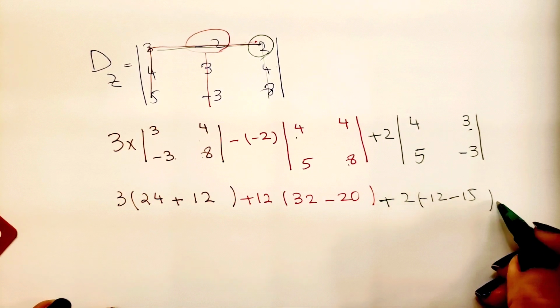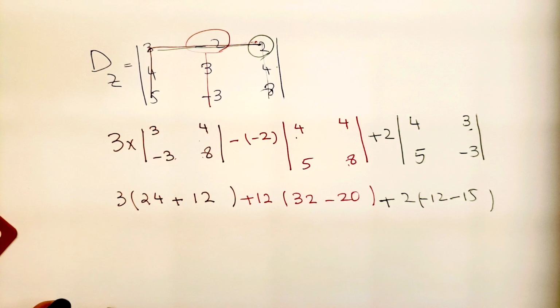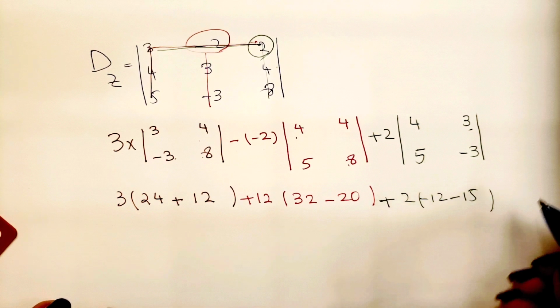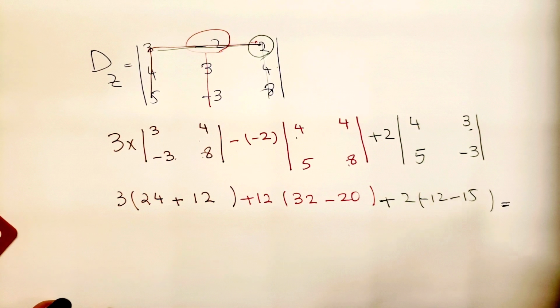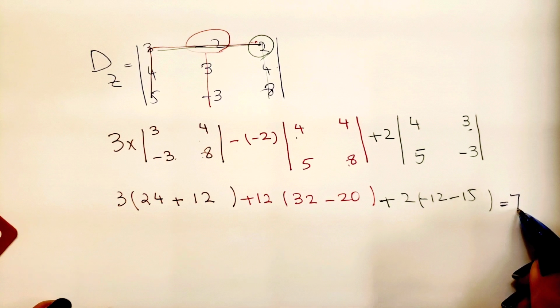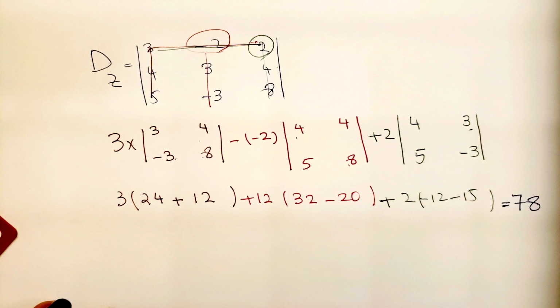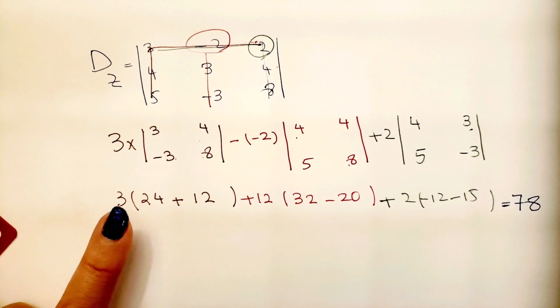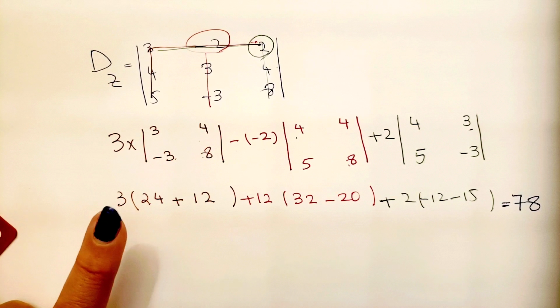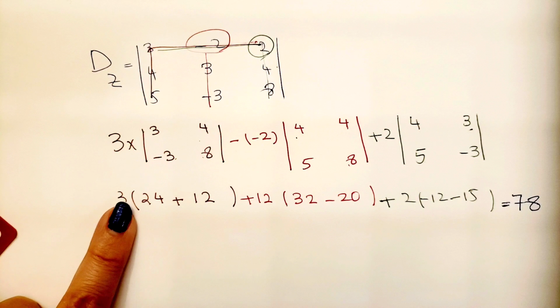15 minus 15. Okay, now if you do the calculation and try to simplify everything, the final answer would be 78. Okay, so far we calculated the D determinant, dx, dy, and dz determinants.